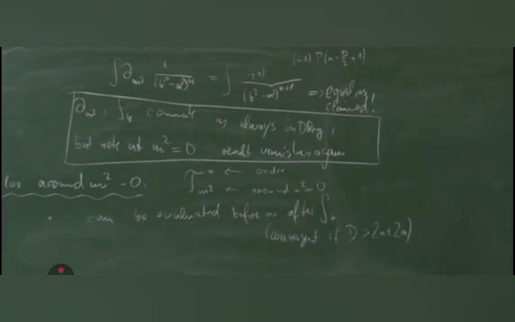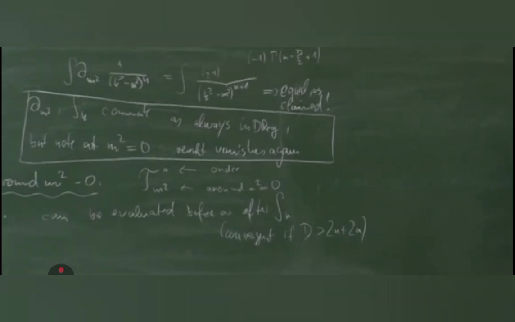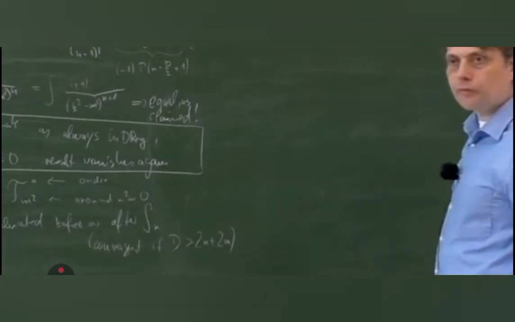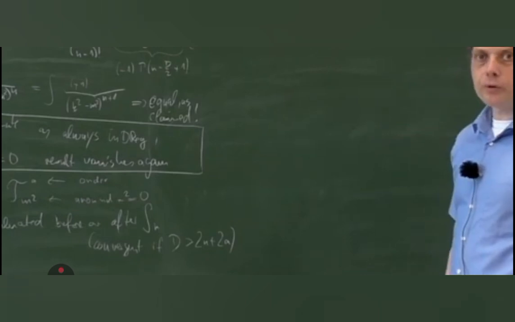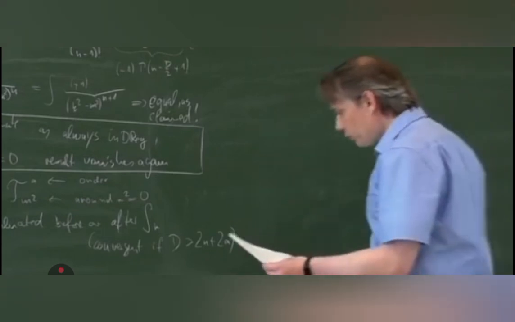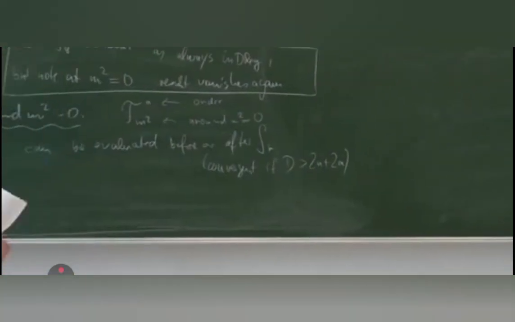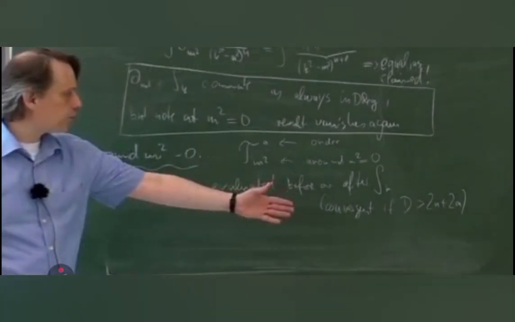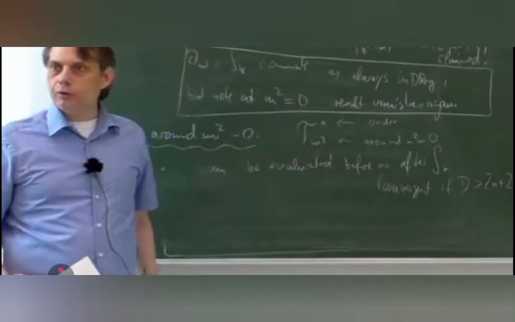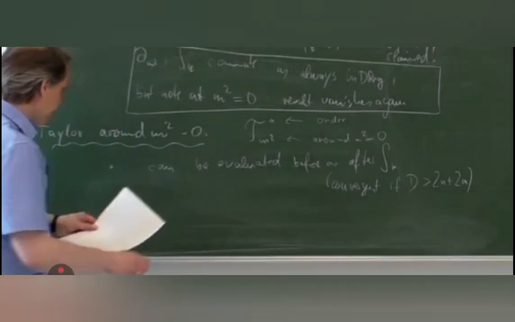Otherwise, we have 1 over k² in the integrand, and 1 over k² diverges at k going to 0 unless the dimension is high enough. But if d is smaller than this number, then we define the integral by analytic continuation.